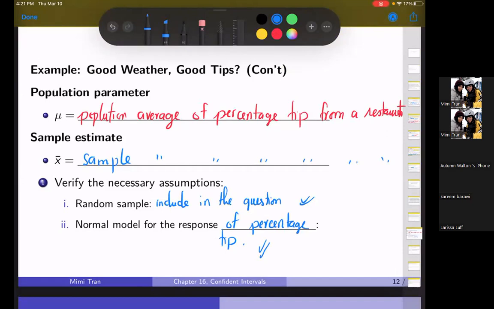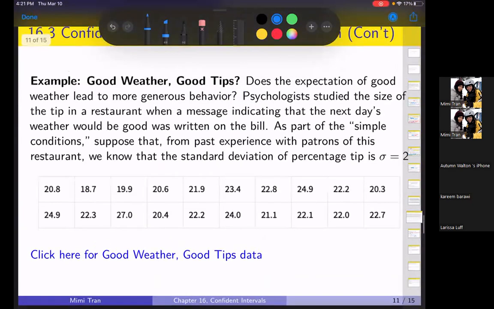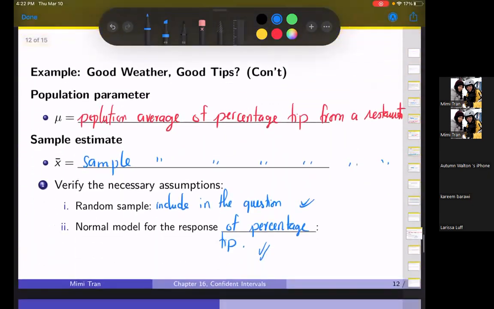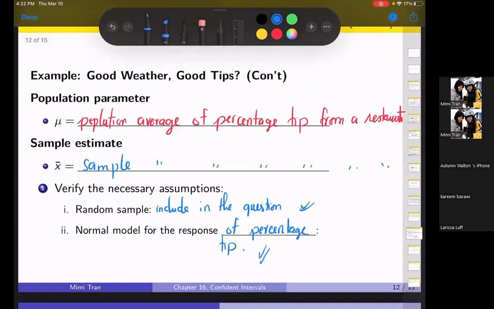If it's not, does it say anything about normality here? No, right? So I have a problem now. Then you're going to use CLT. But wait a minute, how many data points do you have here? 20, right? Not 25.